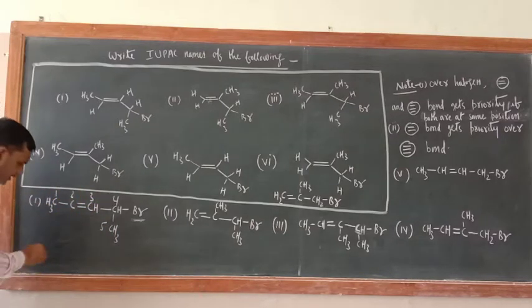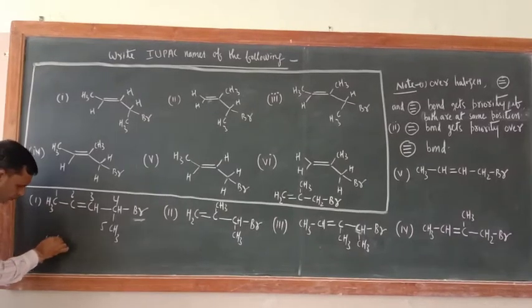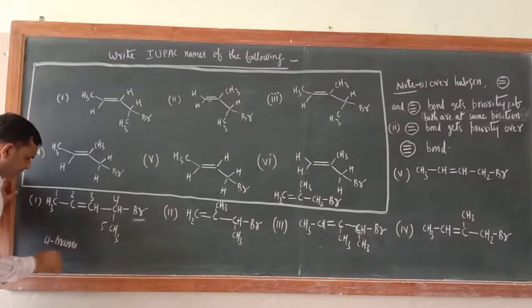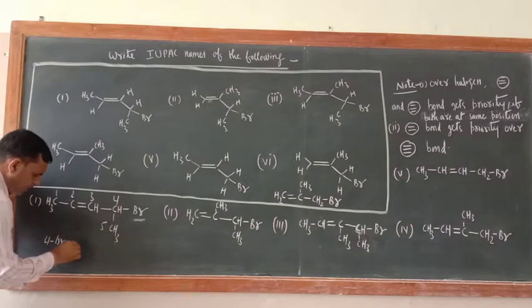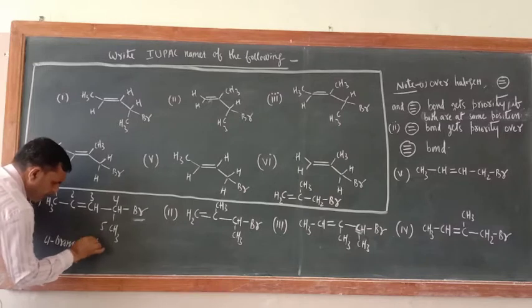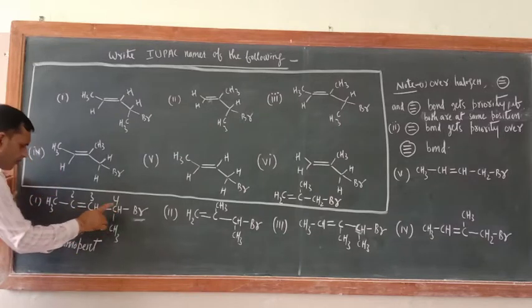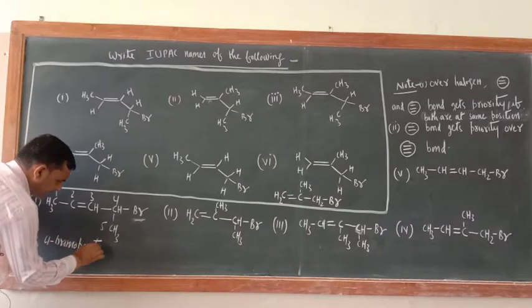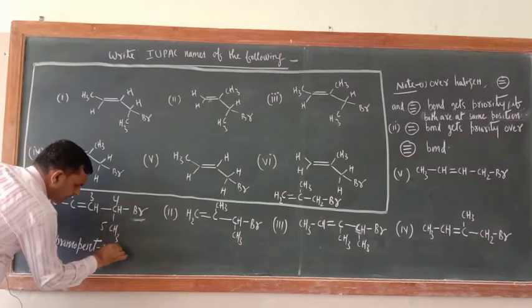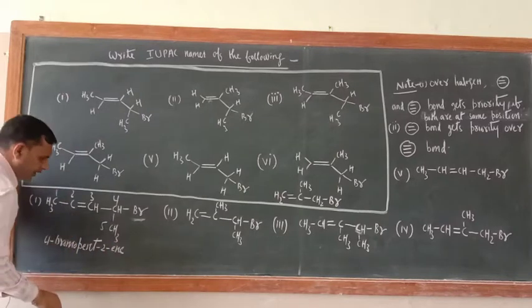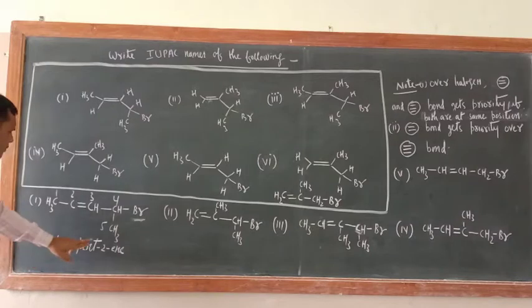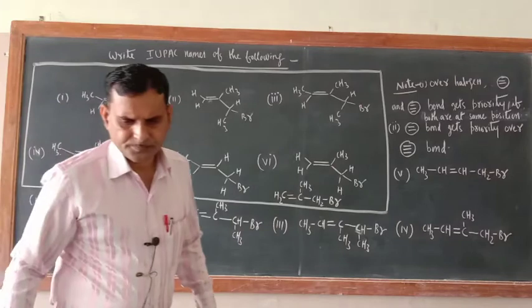Now name it: 4 bromo, pent, because 5 carbon atoms are there, pent 2 ene. So 4 bromo pent 2 ene, that is the correct name.